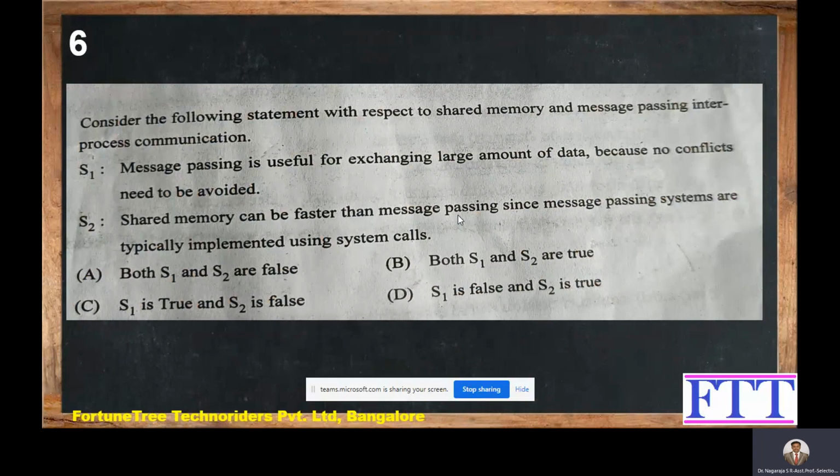Option A, both S1 and S2 are false. Option B, both S1 and S2 are true. Option C, S1 is true and S2 is false. Option D, S1 is false and S2 is true. Right option is option D, S1 is false and S2 is true.